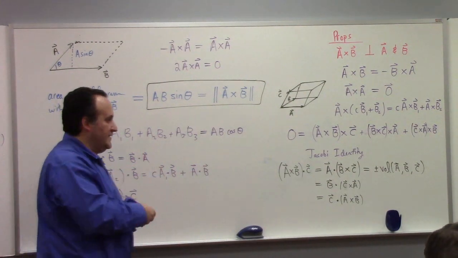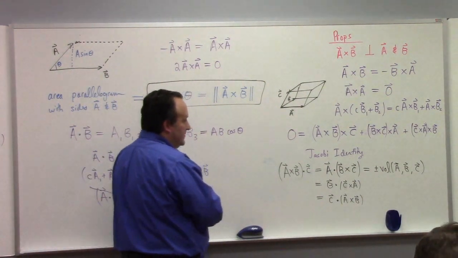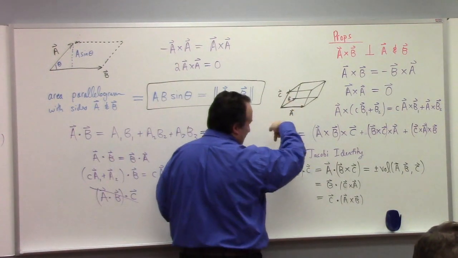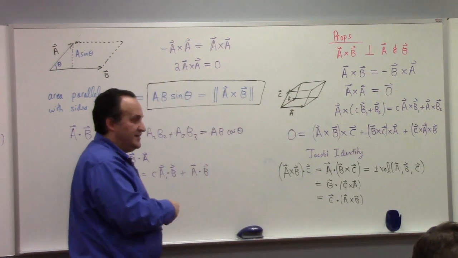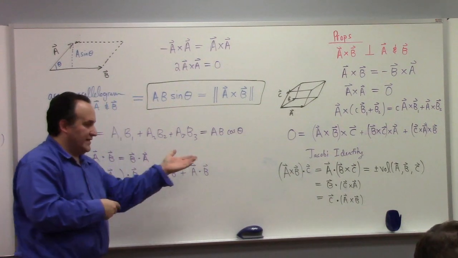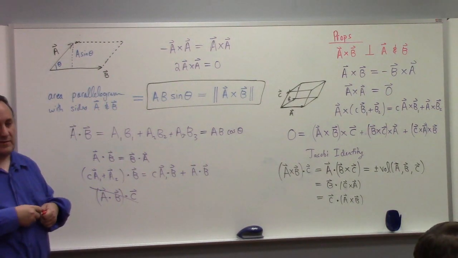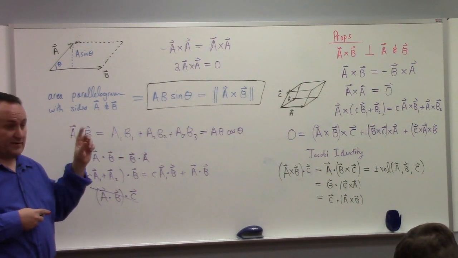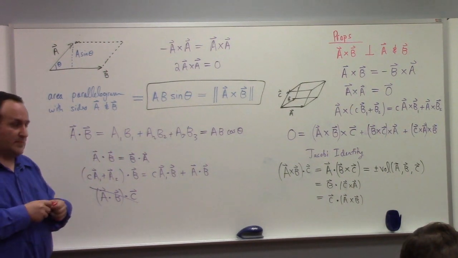If C is in that direction, then this triple product is positive. But if my picture was wrong, if C was actually pointing down, then this would work out negative. Anyway, this is called the triple product. If you want to calculate the volume of a parallelepiped, you can take the dot product of the cross product of the other two sides. So that's kind of handy.